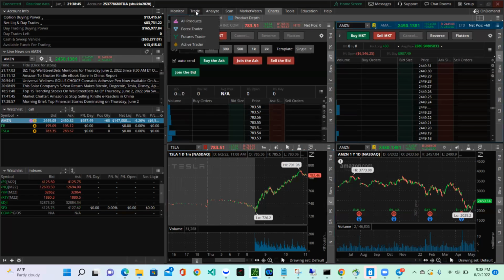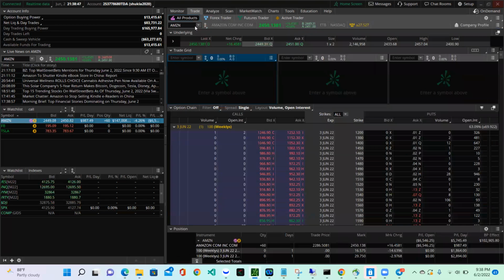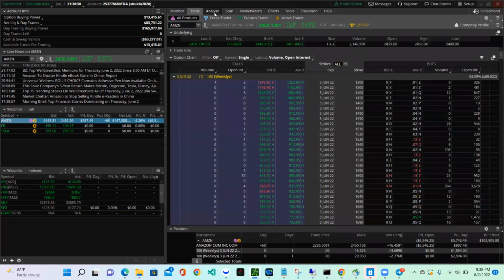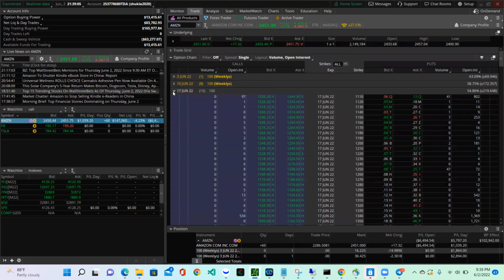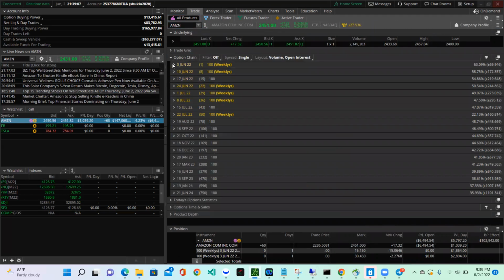What I would typically do, and there is a YouTube video on how to set up all this that I'll share, that's how I learned. You would go here and find the stock you're trading, and this is only available in TOS. Then you could see various expiry dates on here, right? For example, Nitin talked about 10th June, 17th June.